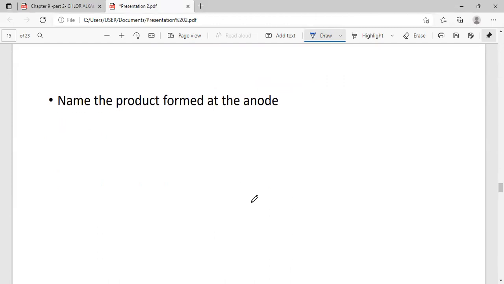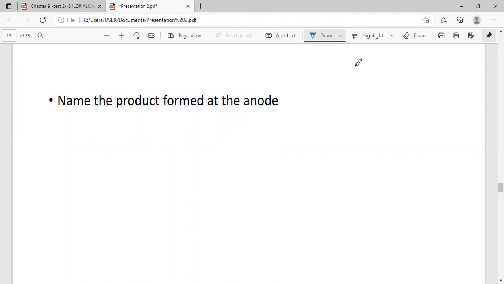Name the product formed at the anode. Okay, I do see some answers as chloride ion. Chloride ion is not the product. Yes, it's correct that the chloride ion moves towards the anode because chloride ions are negatively charged and anode is the positive electrode. But here the question is name the product. So the product is a substance.